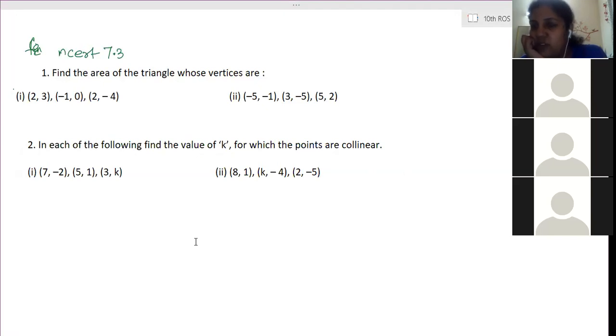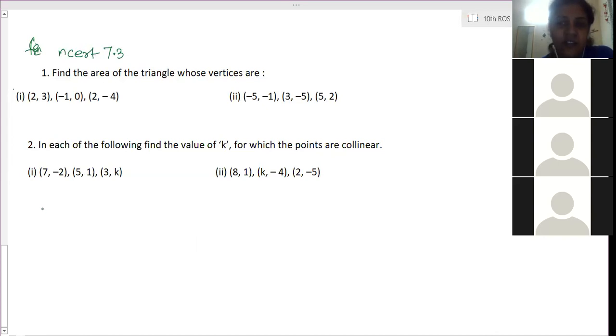That means what will be the area? What will be the area formed? 0. That's it, because they are not forming any figure. They are not enclosing any figure. Area of 0.